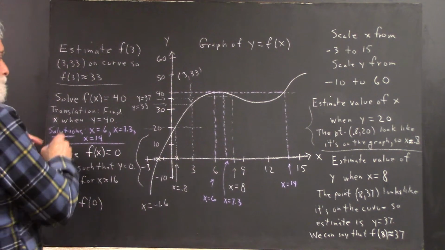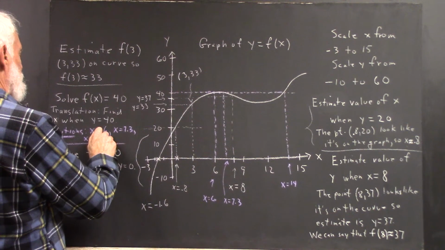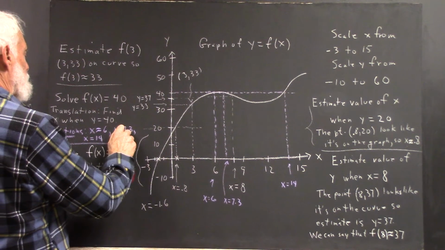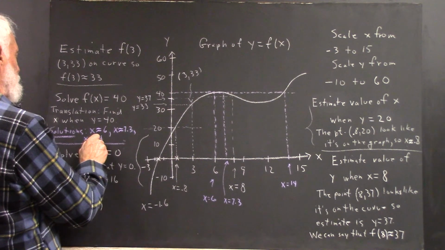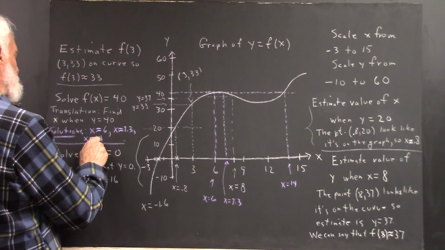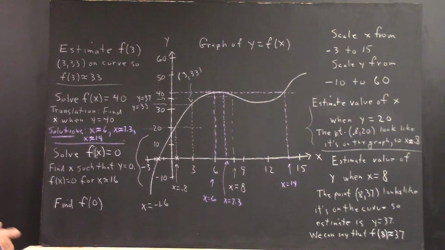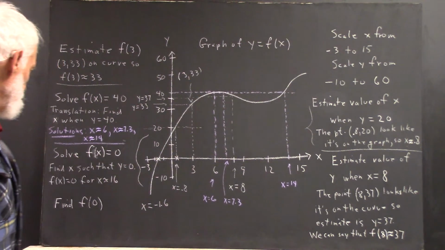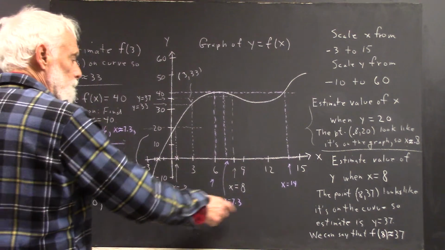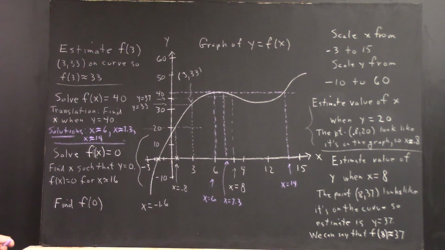Now, these aren't actually the solutions. They are estimates of the solutions, approximate solutions. So I should be more careful and use the approximately equal signs. These are my estimates. They're not exact, so I want to use approximately equal signs when I write my solutions.